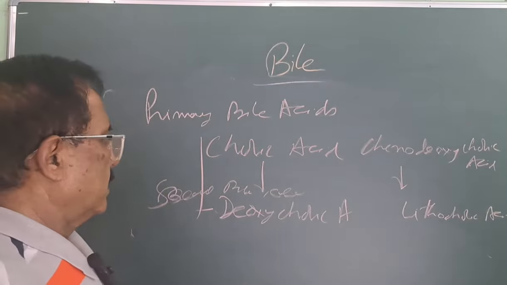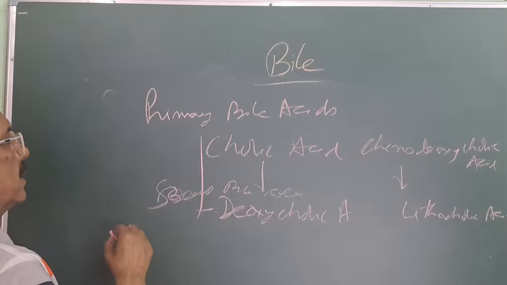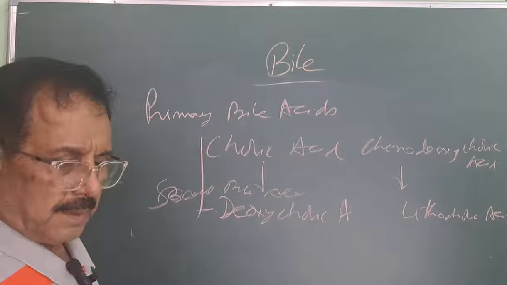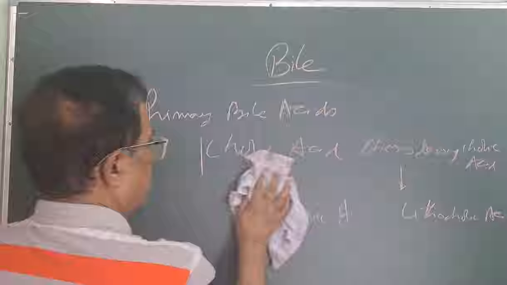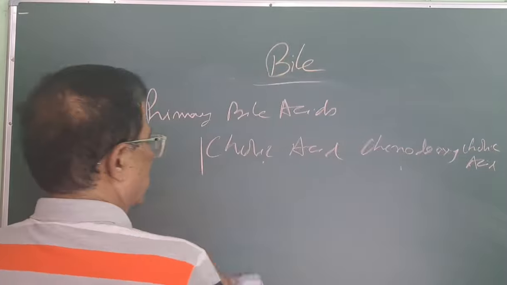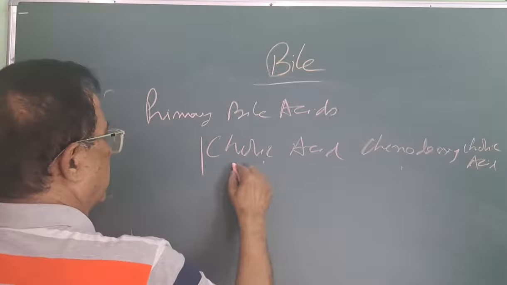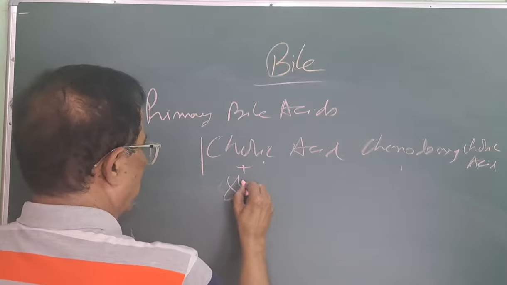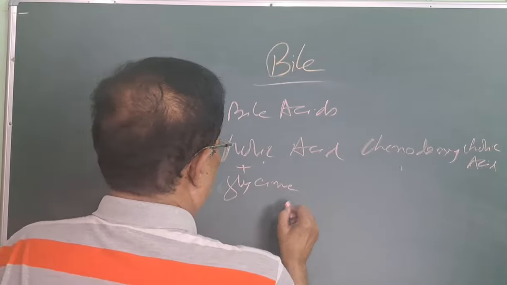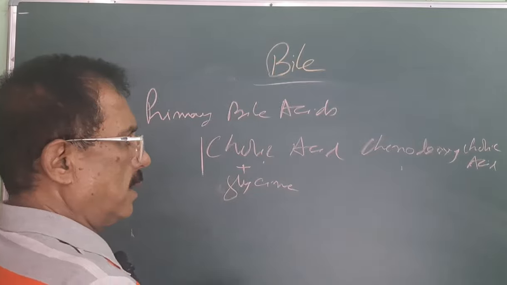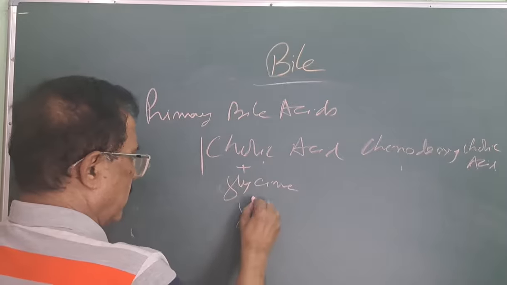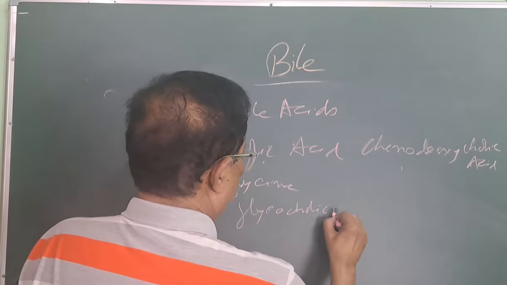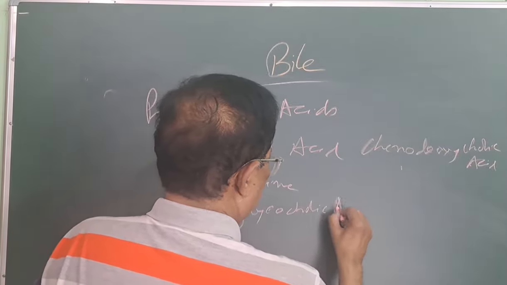Therefore, conjugation occurs in the liver. Cholic acid and chenodeoxycholic acid, for example, will conjugate with glycine and form glycocholic acid.